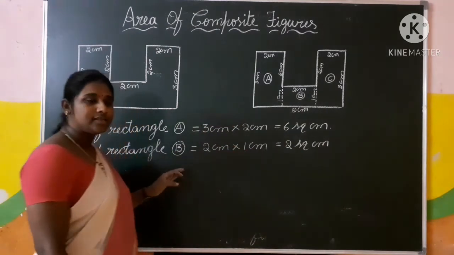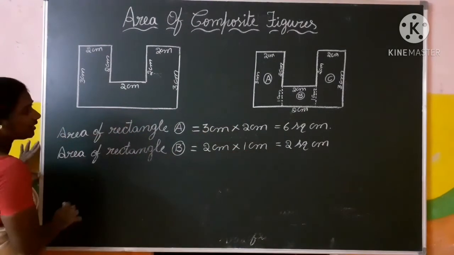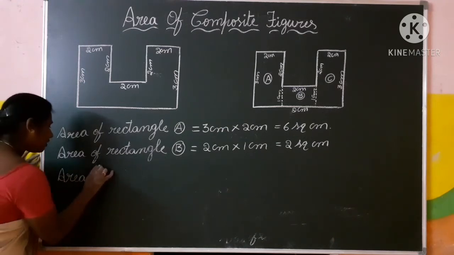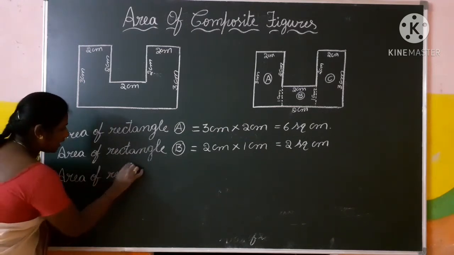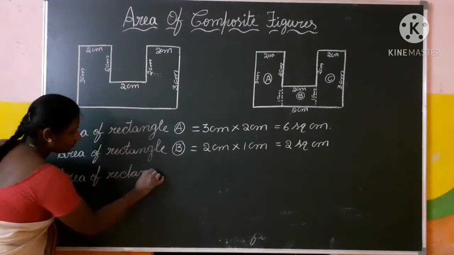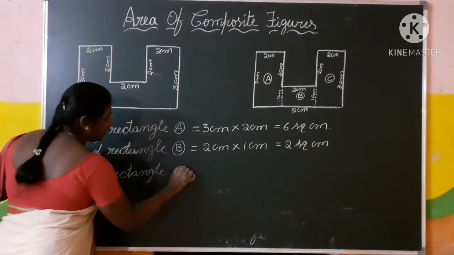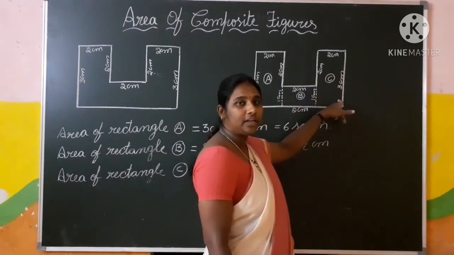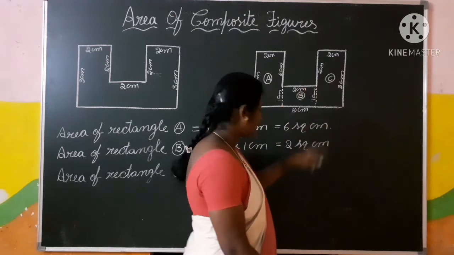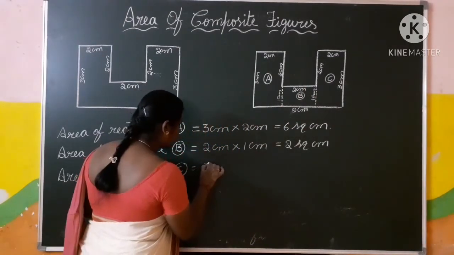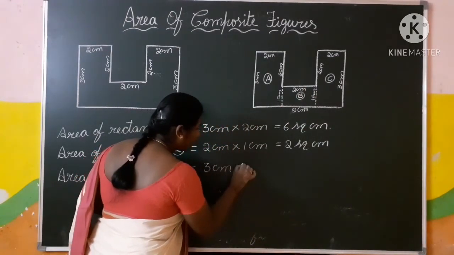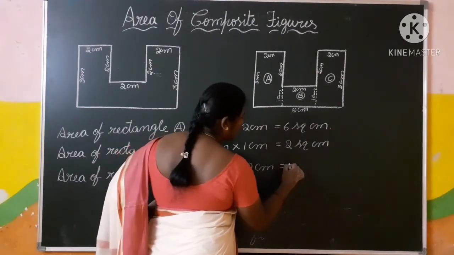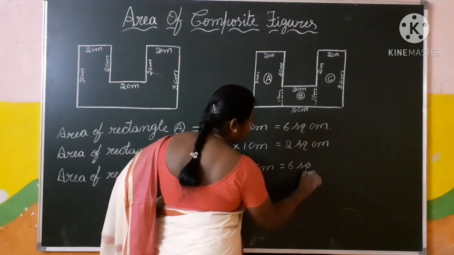Next we find the area of rectangle C. In this, length is 3 centimeters, breadth is 2 centimeters. So area of rectangle C is 3 centimeters into 2 centimeters. 3 twos are 6 square centimeters.